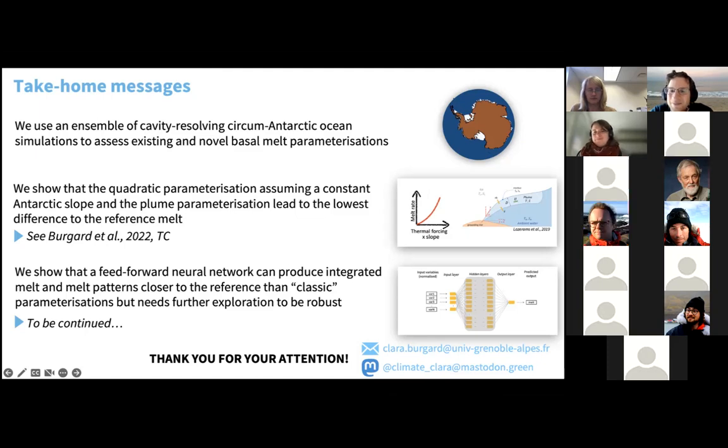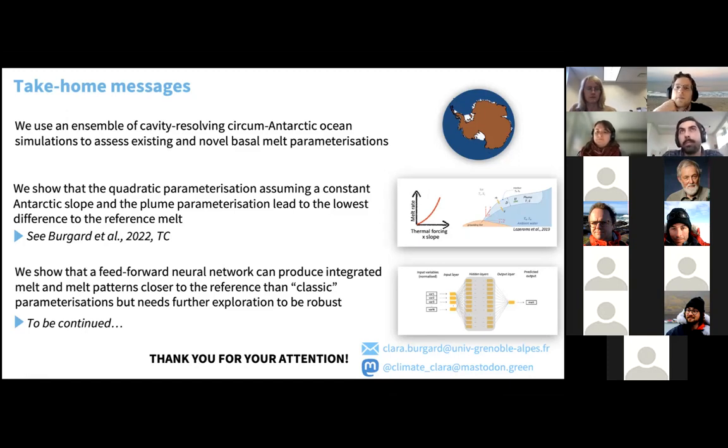Yeah, I had a question regarding the first part of the talk. Hi, I'm pretty new to all this still, so excuse me if this is a dumb question. When you're assessing the different simple parameterizations, the local slope one seemed to do well with an integrated value, but then it did poorly with the local melt rate at the grounding line.